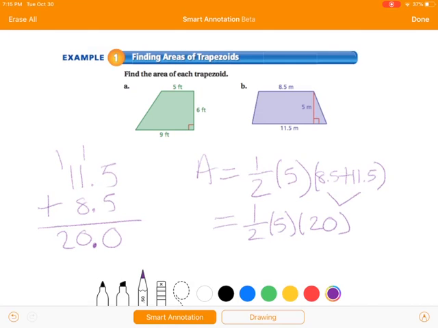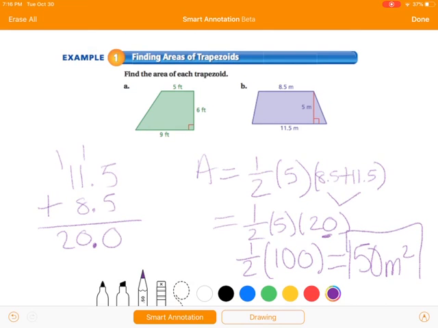We can just say 5 times 2 we know is 10. Add on this extra 0. So we have 100. And we still have to do 1/2 of this. So we know if we want to cut 100 in half, that's just going to be 50. And we, of course, don't want to forget about those units, so we have 50 meters squared. So the area for this trapezoid is 50 meters squared.